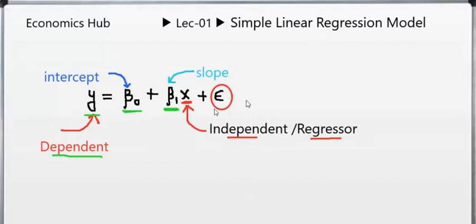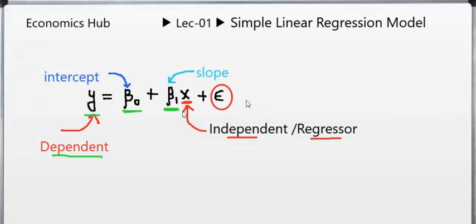And the E is the error term, or some books call it mu or E or whatever. This is the error term. And here is the difference between mathematics and econometrics, because in mathematics we don't deal with this error term, we only deal with the function y is equal to beta 0 plus beta 1 x.